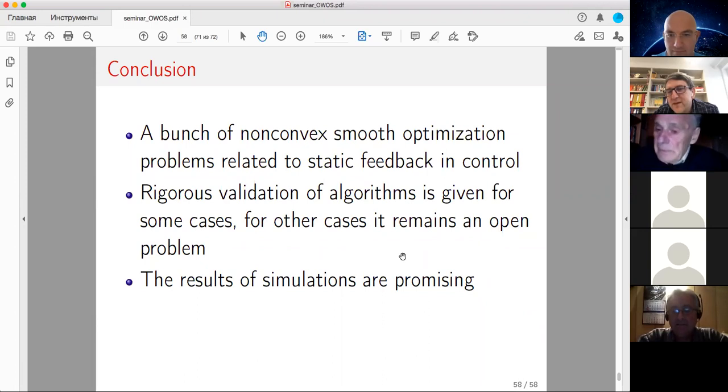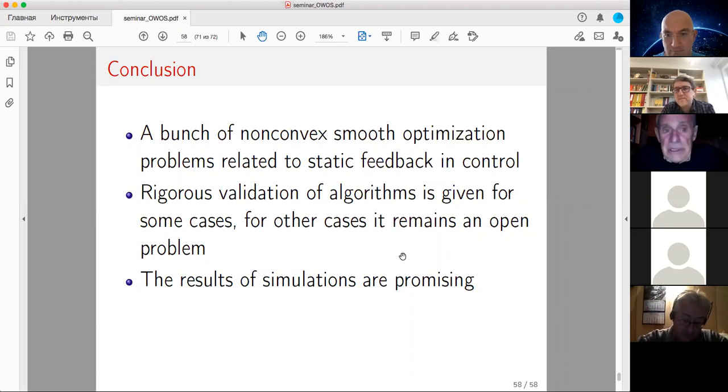Well, you see, it is just the first step. Let's start with smooth, differentiable problems, which are all of the problems I deal with in this talk.